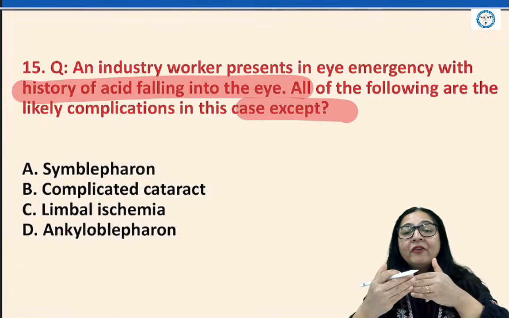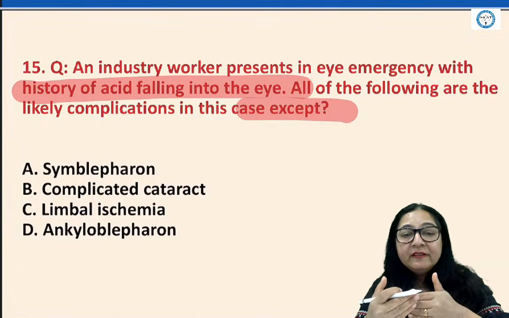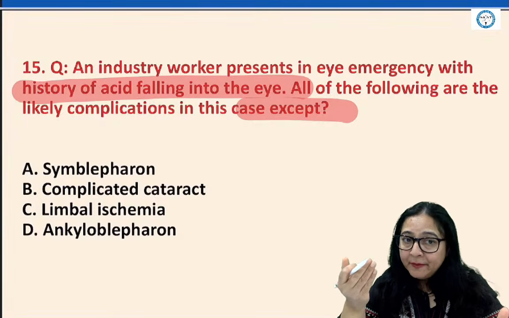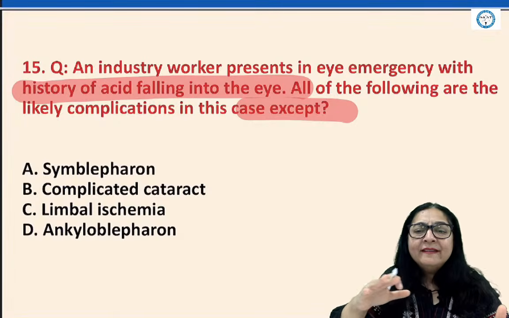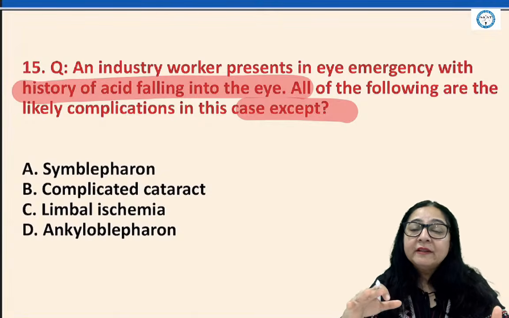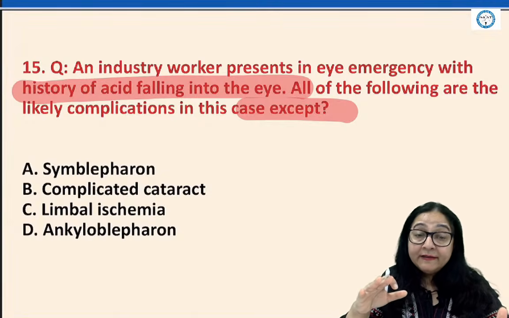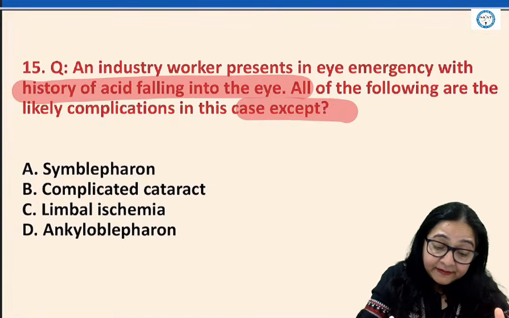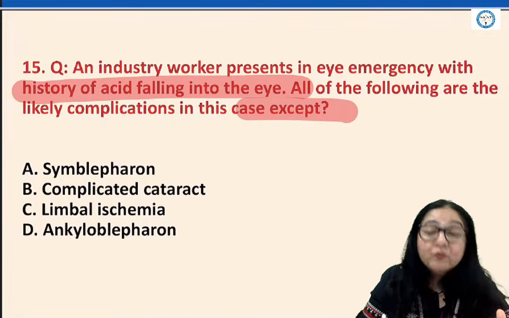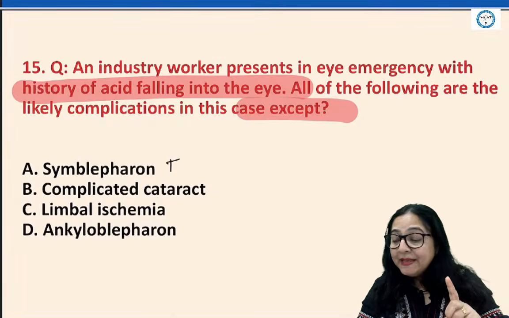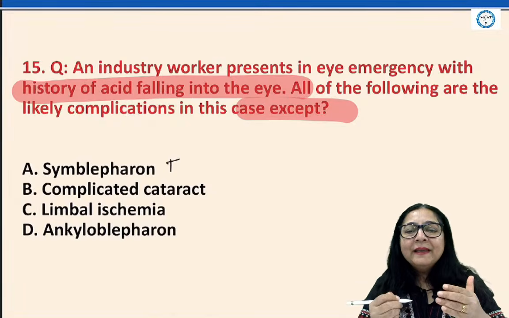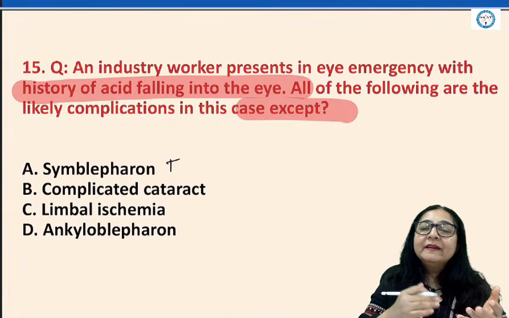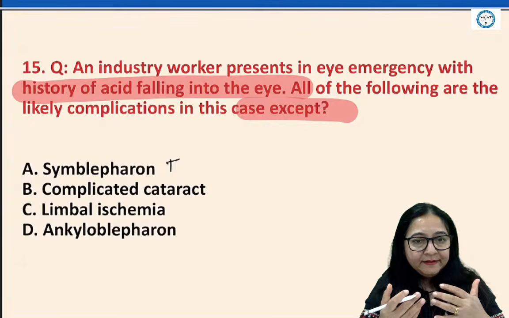Symblepharon. Symblepharon is when there are adhesions between the palpebral conjunctiva and bulbar conjunctiva. Acids cause extensive damage on the surface of the eye, the ocular surface, so symblepharon is a very common complication. That is a true complication. Complicated cataract. Complicated cataract is a type of cataract which develops when there is secondary ocular disease.